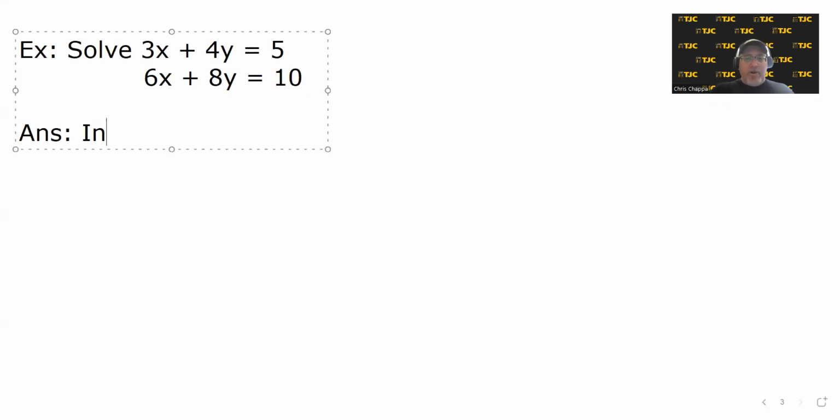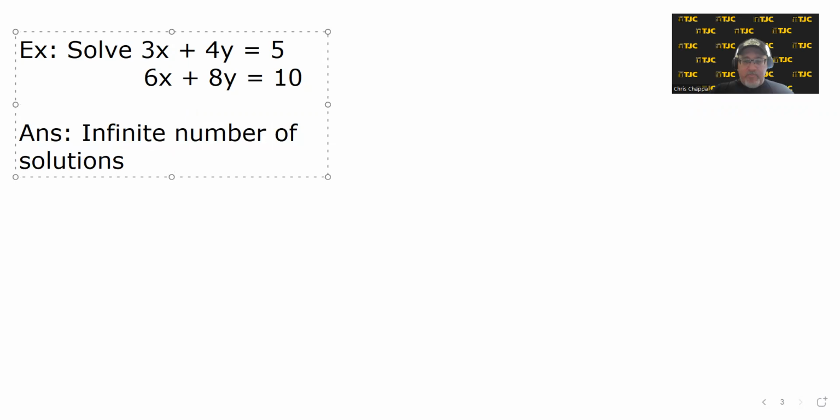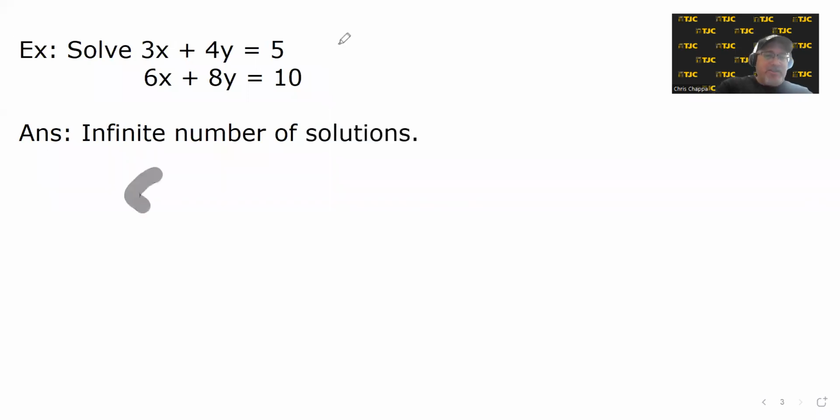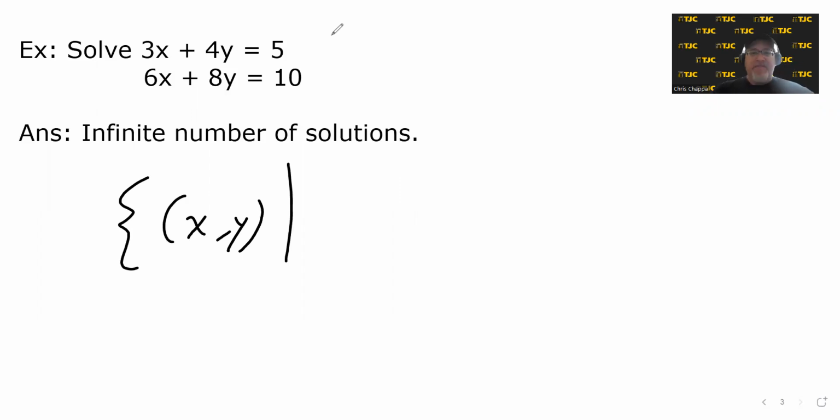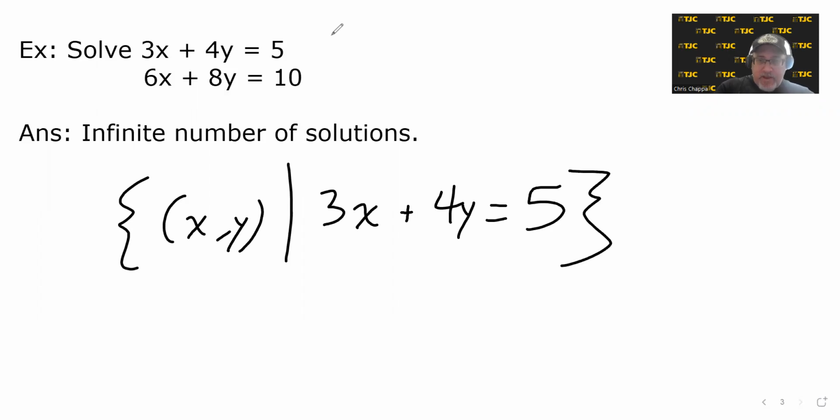But on this assumption that we already concluded there's an infinite number of solutions, because these are the same equations, one way to describe them, and this is mentioned in a video back in 5.1, is to say it's the set of ordered pairs x comma y such that, and that's what that vertical line reads as, and then you just have to write either equation, because if it satisfies one equation, it satisfies both because they're the same equation. I could have used the second one. So the solution is the set of all ordered pairs that make 3x plus 4y equal to 5.